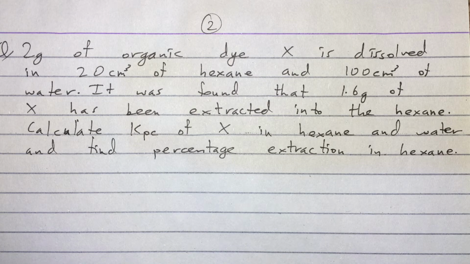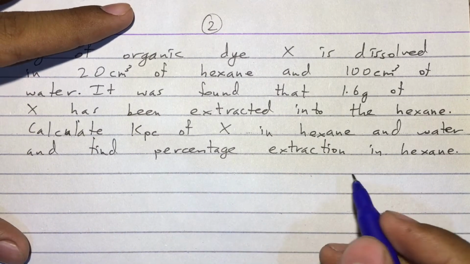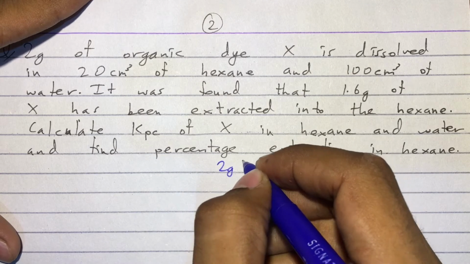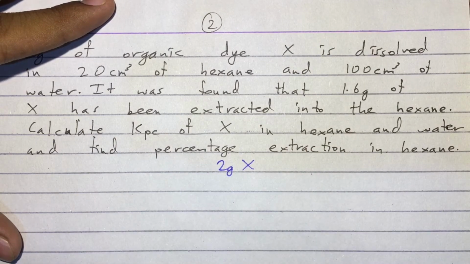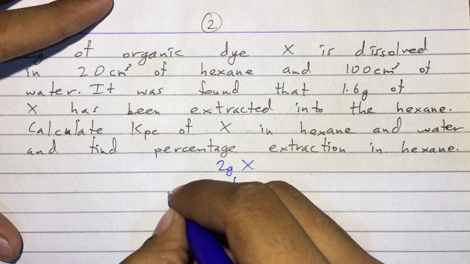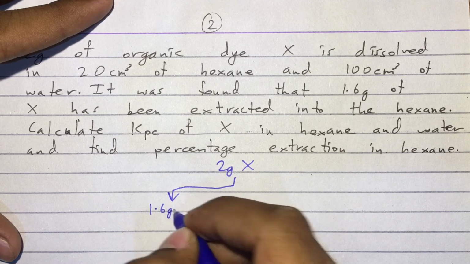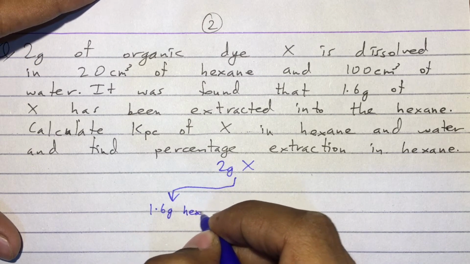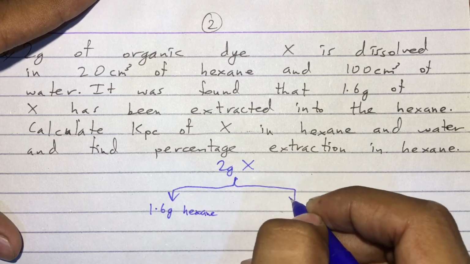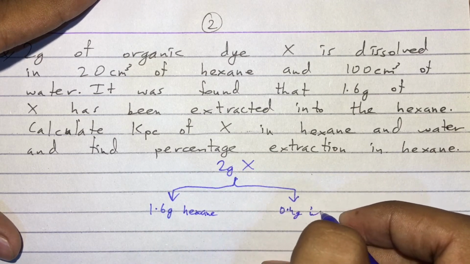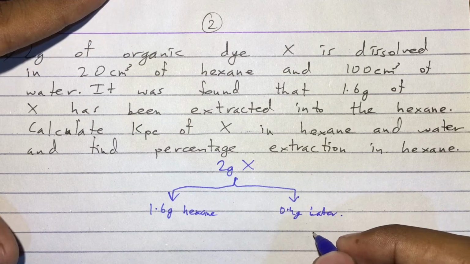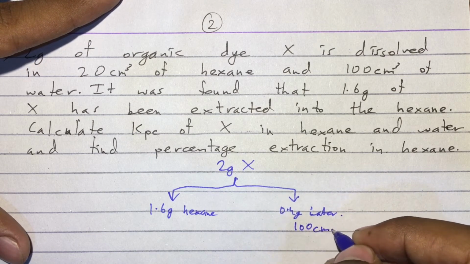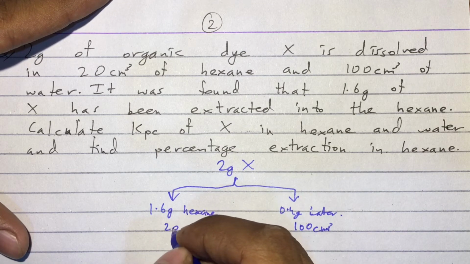Okay, so there was 2 gram of X, 1.6 gram was dissolved in hexane, and the rest, 0.4 gram, in water. The volume of water was 100 cm cube, the volume of hexane was 20 cm cube.